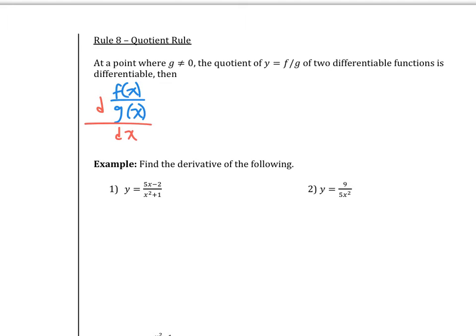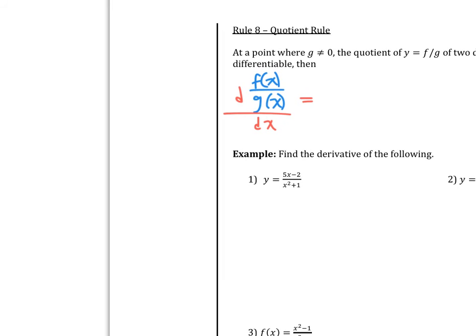So if we want to take the derivative of a quotient of functions, we need to remember this rule. Before you remember this rule, I need to tell you the little chant. It's low d high minus high d low all over low squared.